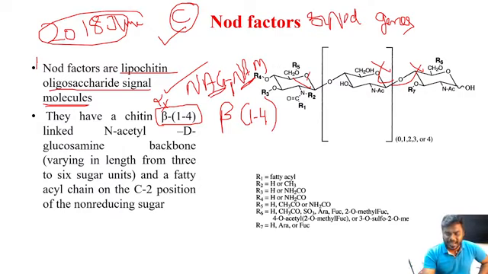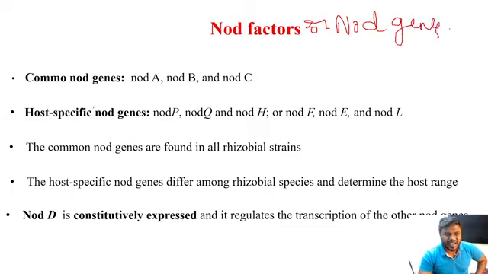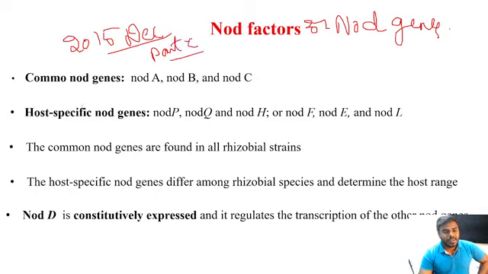Do not forget that. Now friends, what are the types of nod factors? What are the types of nod factors or nod genes? Is there any necessity to remember? Of course. If you look into the question paper of 2015 December, Part C, this is the direct question which we got. There are nod genes or nod factors present in the bacteria. They are of two types. One we call common nod gene, another one we call, my friends, host specific nod gene.